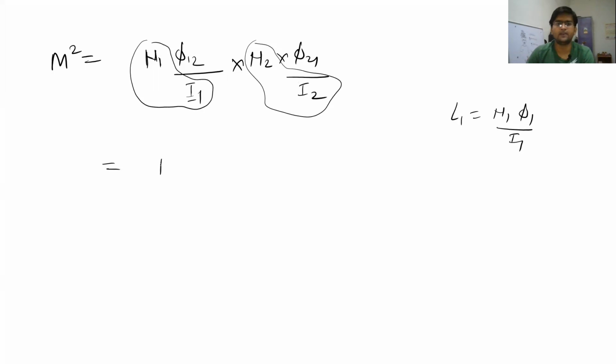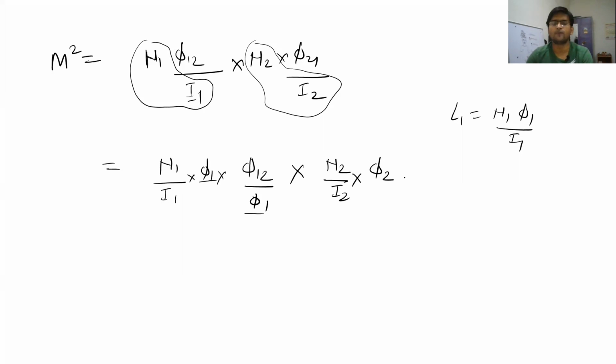So we will have N1 upon I1 into phi 1 multiplied by phi 12 upon phi 1, and again multiplied by N2 upon I2 multiplied by phi 2 into phi 21 divided by phi 2, right?